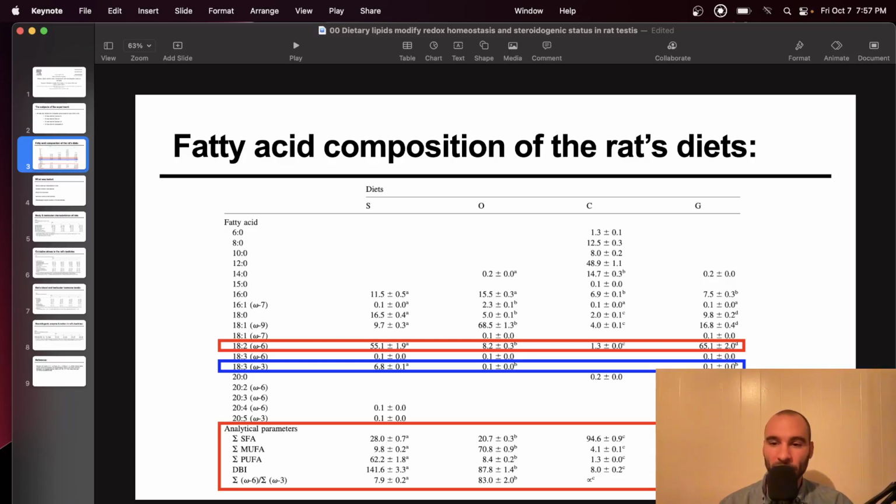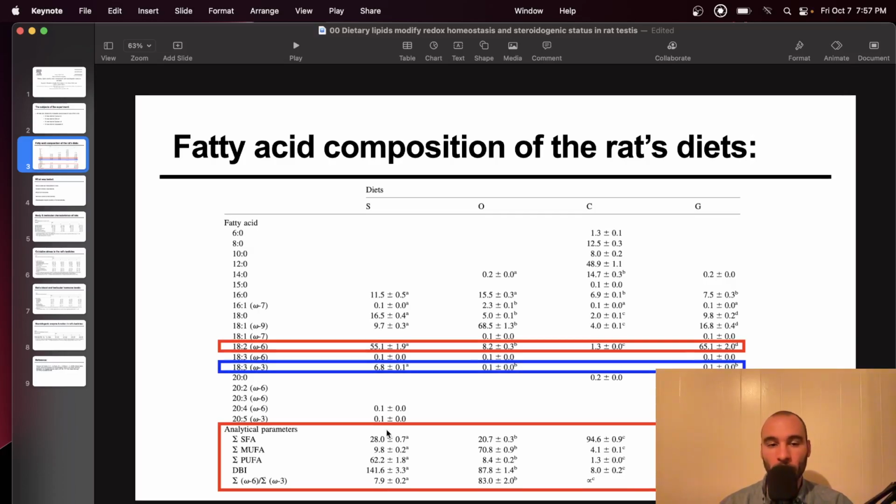The grapeseed oil diet was the high PUFA diet with a poor omega-6 to omega-3 ratio at 654 times more omega-6 than omega-3, versus in the soybean oil diet, 7.9 times more omega-6 than omega-3 as per the ratio.